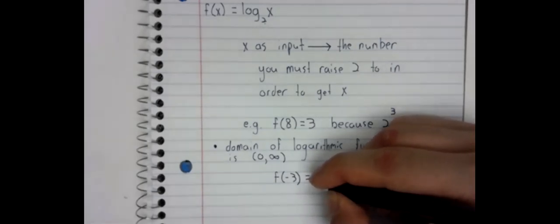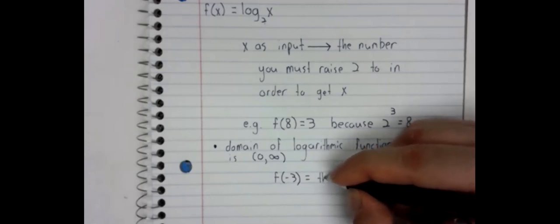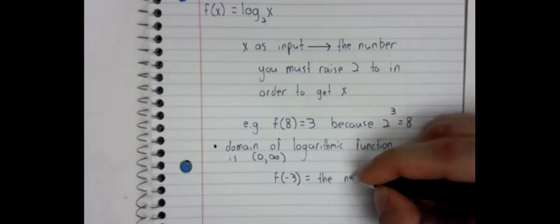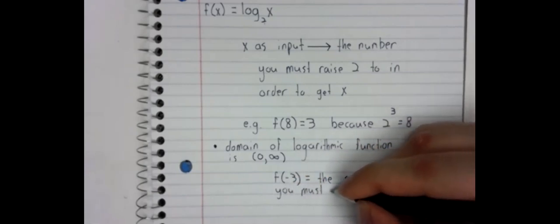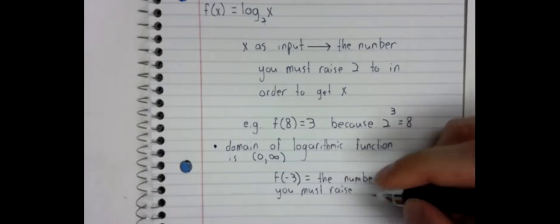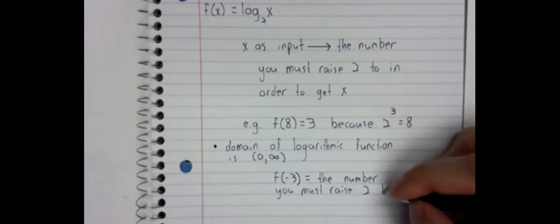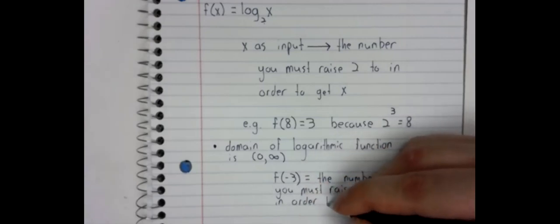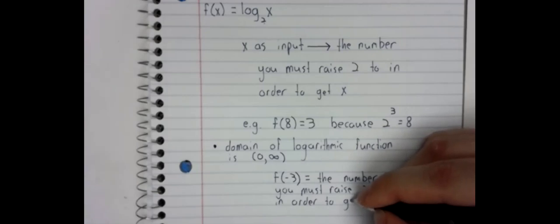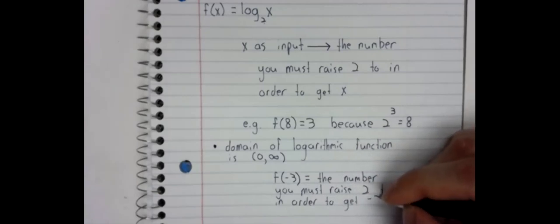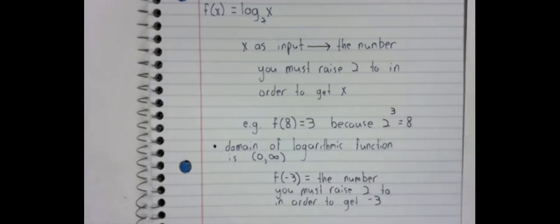F of -3, if it existed, would be the number you must raise 2 to in order to get -3.